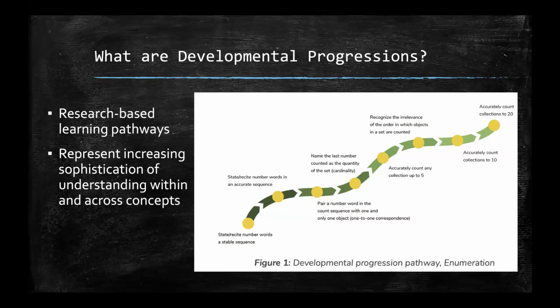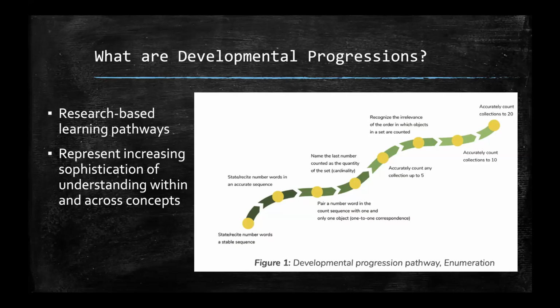But we also know that there's a variety of different skills and knowledge that students are accumulating as they're working through this particular developmental progression. So we can think of this as a network or a lattice of different skills that are progressing. Some of them may be progressing more rapidly than others, and some may be progressing a little bit more slowly.